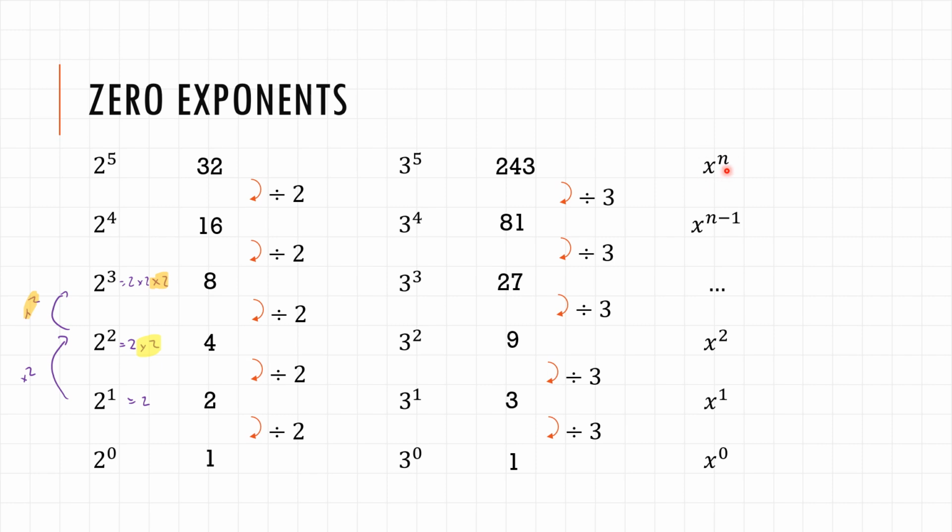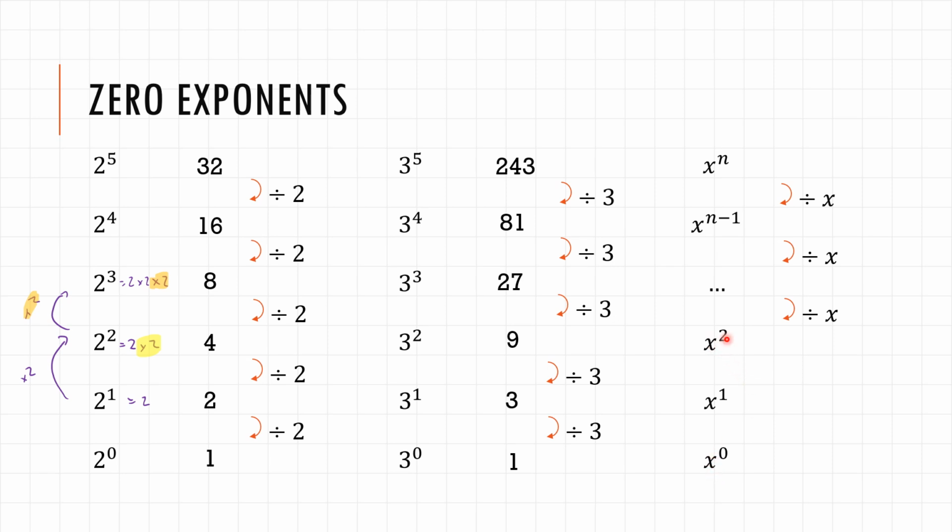So what happens if I take x to the power of n and I divide it by x? Well, the exponent seems to go down by 1. So whatever the number it was here, I'll have to subtract 1 from it. When I divide it by x again, I'll have to subtract another 1 from it, and I'll keep going until I reach the very bottom numbers.